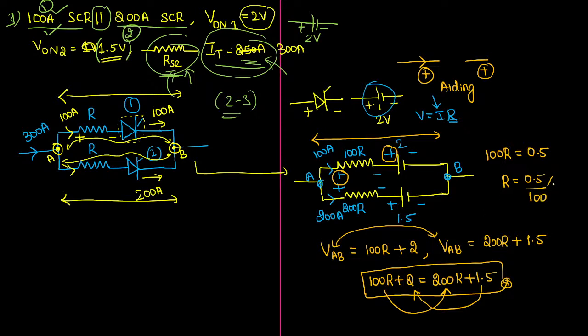Multiply and divide the numerator and denominator by 10, such that the numerator will become 5 and the denominator will become 1000, or 10 power 3. Passing it to the numerator, it becomes minus 3. So I can write 5 into 10 power minus 3 ampere, or 5 milliampere. Sorry guys, it is not ampere, it is ohm, 5 milliohm.